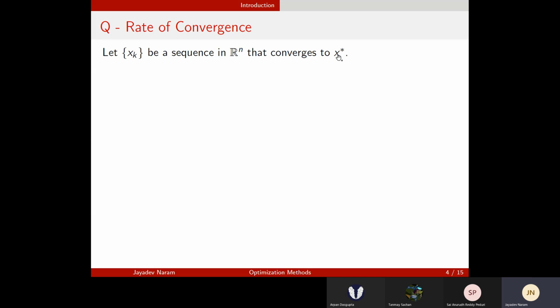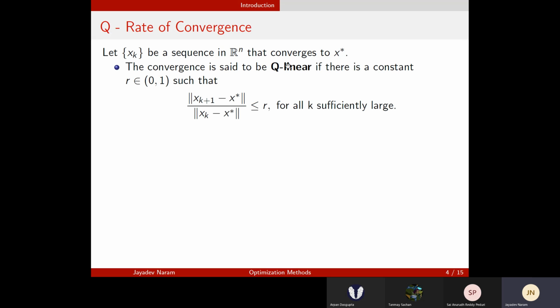In this case, we can talk about the rate of convergence, like how fast the sequence is converging to x star. We have three simple notions of rate of convergence. The first is Q linear convergence. Here the Q stands for quotient. That is, we take quotients of some quantities to quantify the rate of convergence in each case.